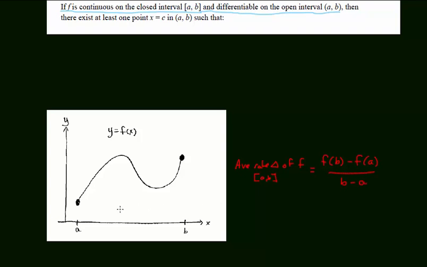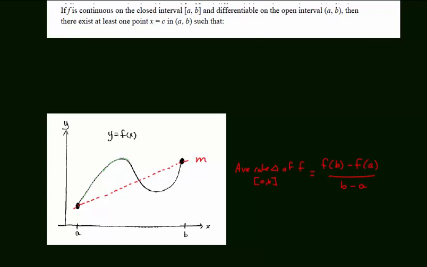Now how does that present itself graphically? Well, that's going to be the slope of the line connecting the endpoints. So the slope here is the average rate of change. Now, one of the fundamental ideas of calculus is that as this curve moves along, the instantaneous rate of change will change, and that's represented by the slope of the tangent line.